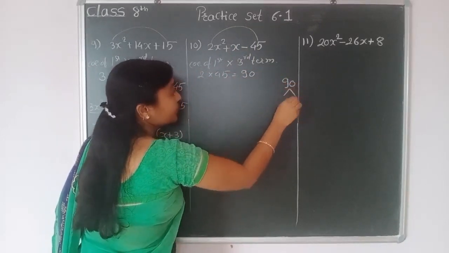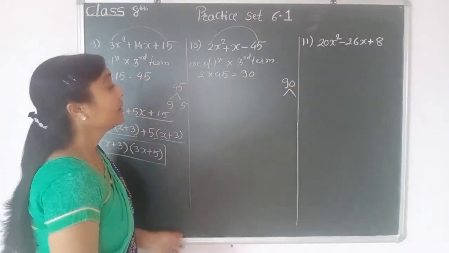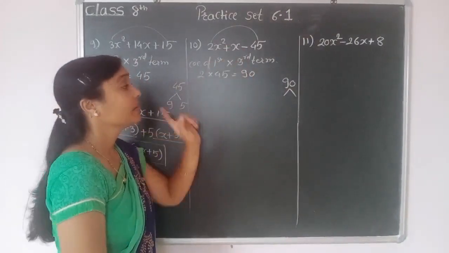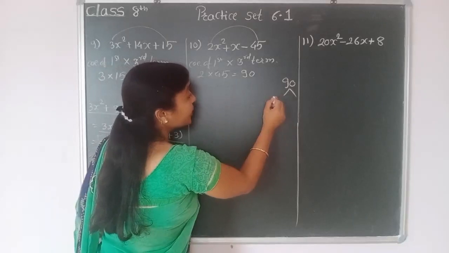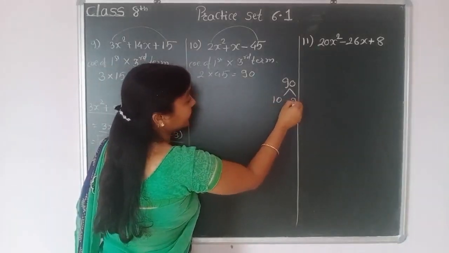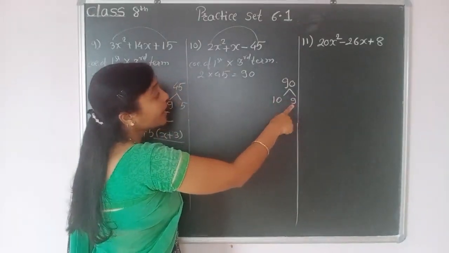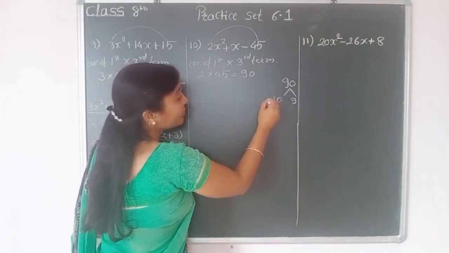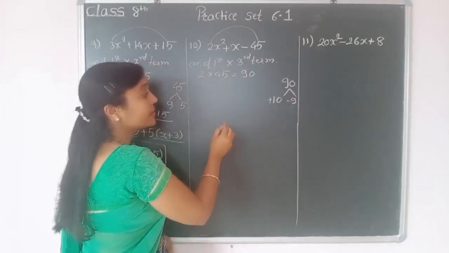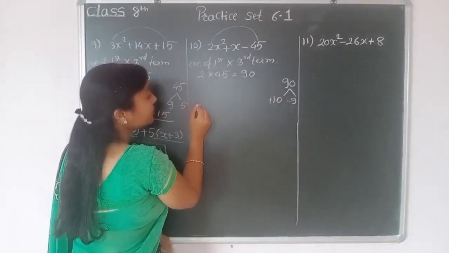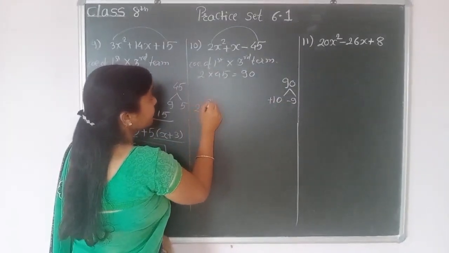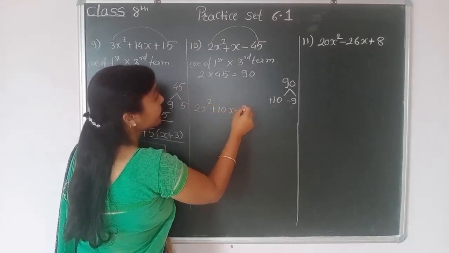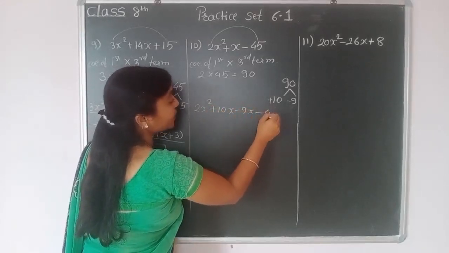Now you find out the factors of 90 whose subtraction is plus 1. Then it is very easy, 10 into 9. 10 9s are 90 and 10 minus 9 is 1. So 10 plus and minus 9. Write down the factors. 2x square plus 10x minus 9x minus 45.